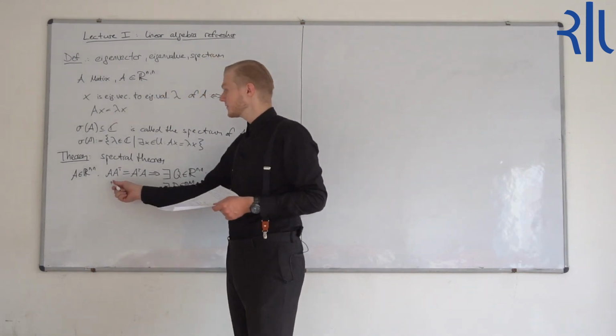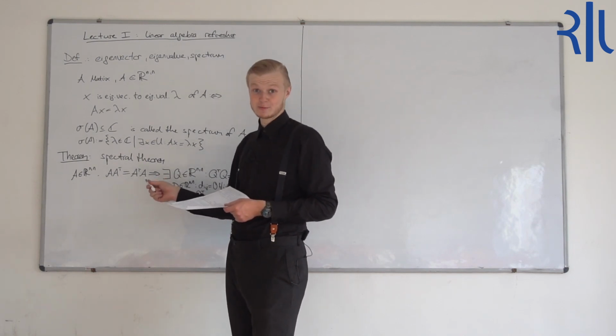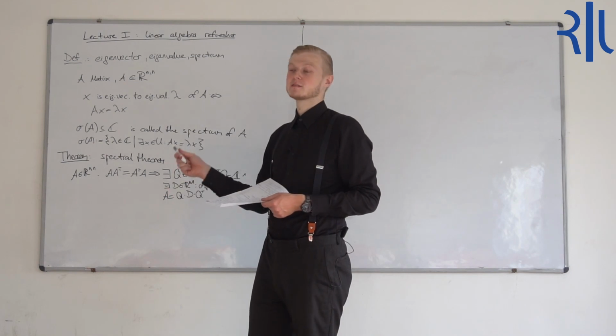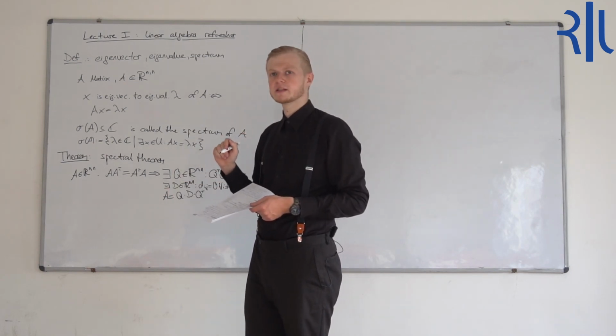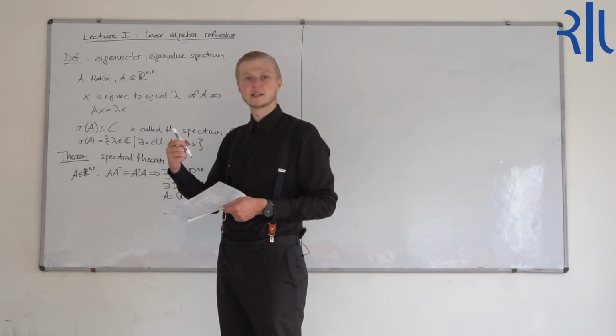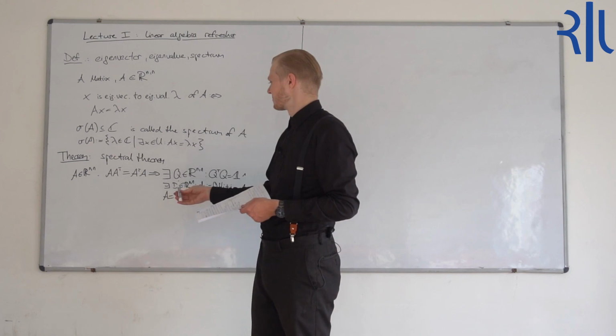And that is if A times A transpose is equal to A transpose times A, which is the definition of saying that A is a so-called normal matrix. We don't really need the concept of normality, it's enough to know that.